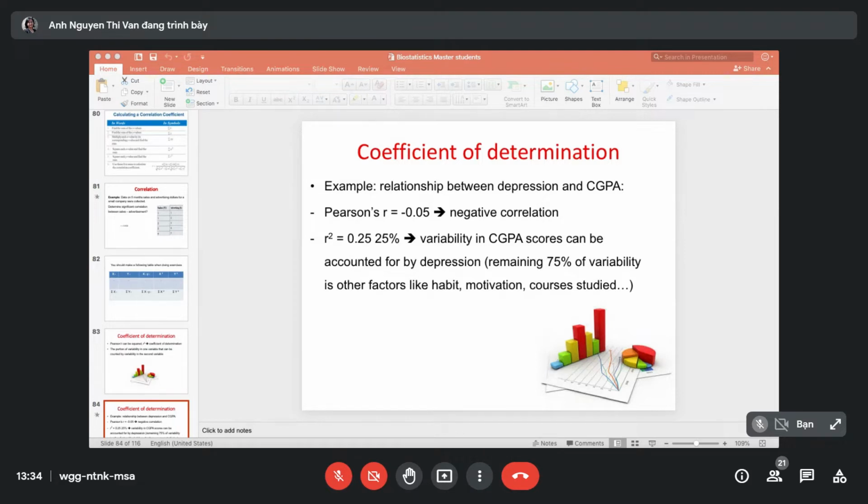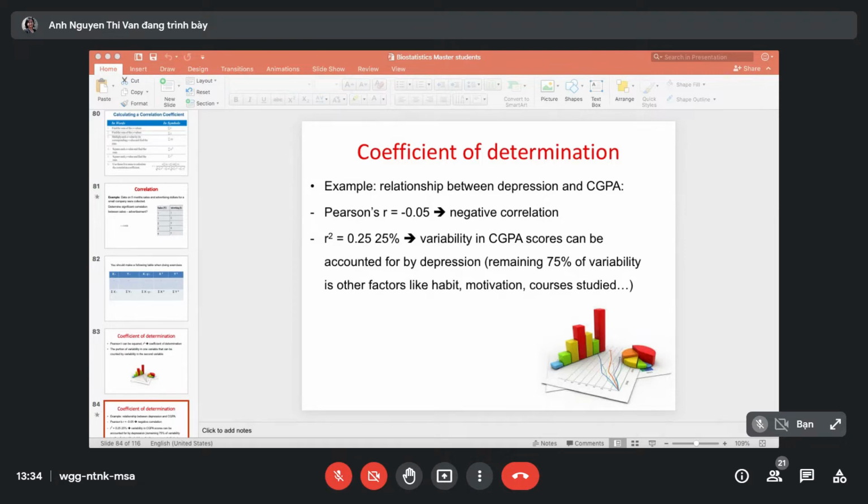So here, the R square value 0.25 means that 25% of variability in the CGPA score can be explained by depression. So it means 25% is not a high value, it is a low value. Only 25% of variability in CGPA can be explained by depression.